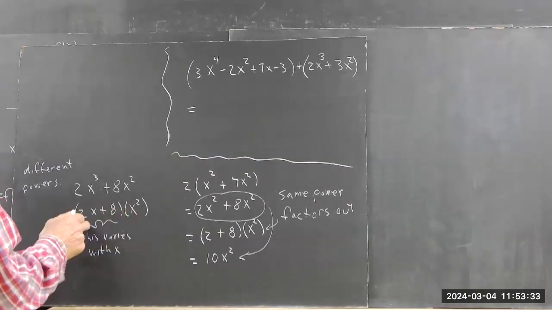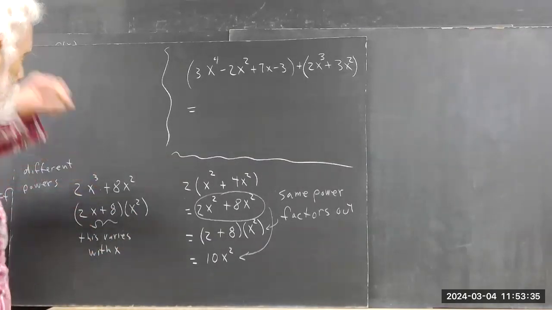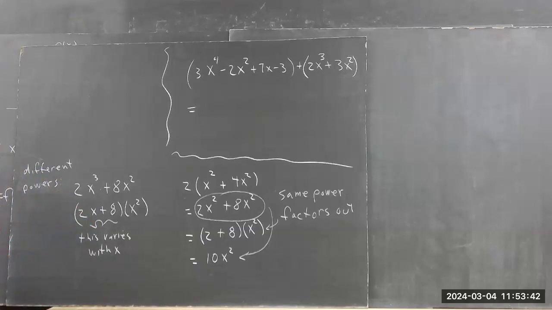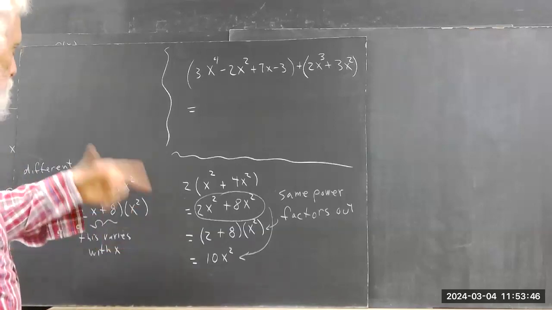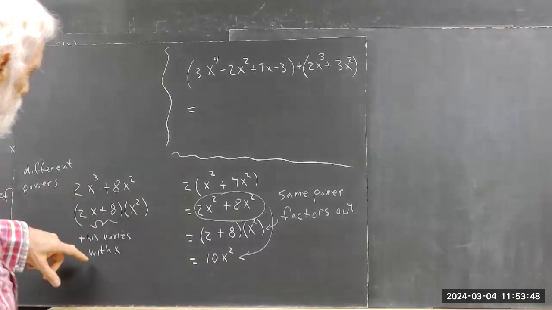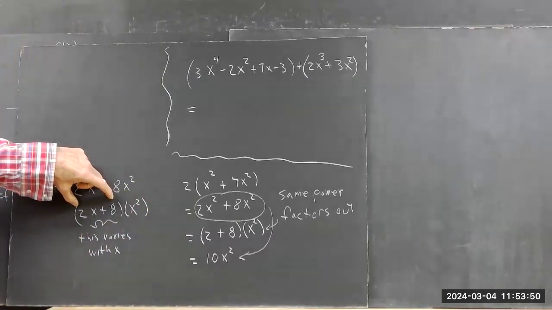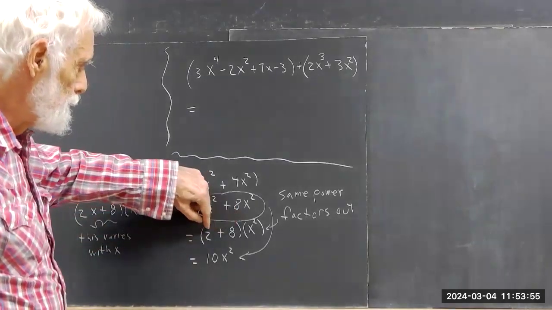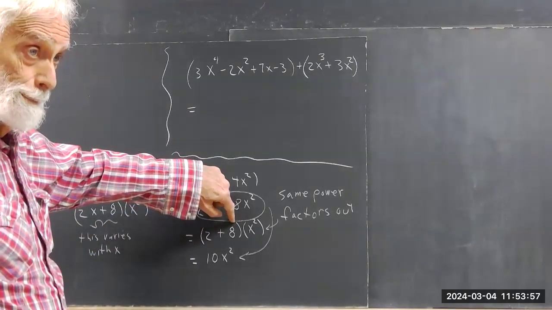So we can't write this any simpler than just 2x plus 8. But we could factor out the 2 and write it as x plus 4 times 2x. But the point is, this varies with x, and we can't write it like we can here because these don't vary with x. Okay?